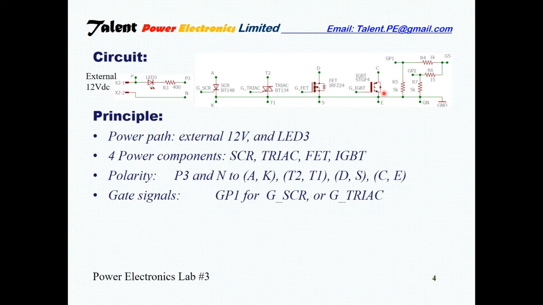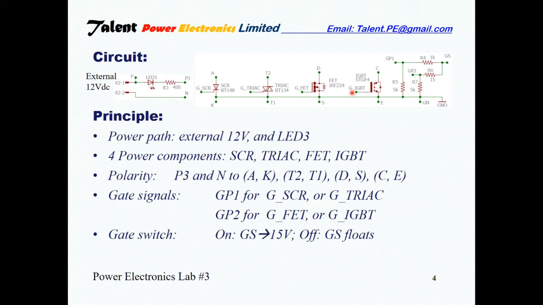We're going to use two gate signals, GP1 for SCR and triac, and GP2 for MOSFET and IGBT as the gate signals. We're going to have a common gate input signal, GS, as the gate switch.